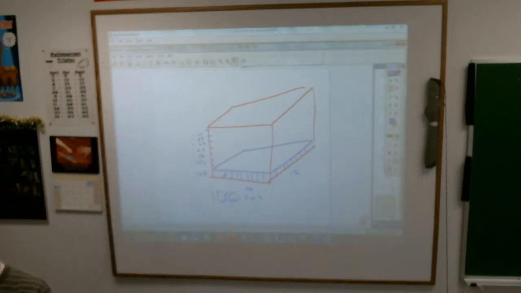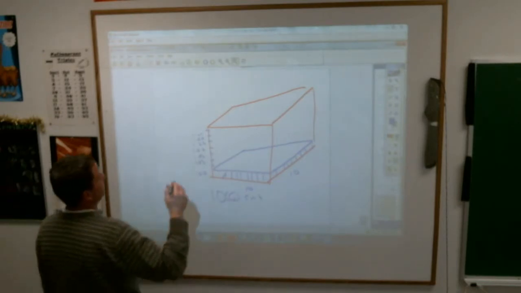Which is what this is. This little cube, if you come up and look at it, it's a 10 by 10 by 10 cube.